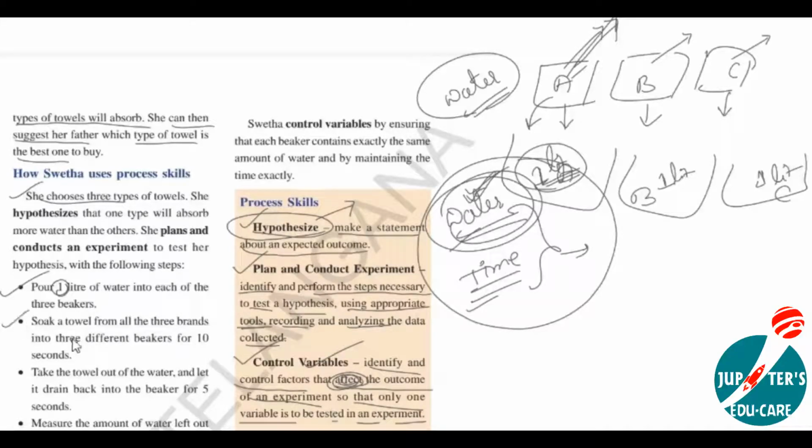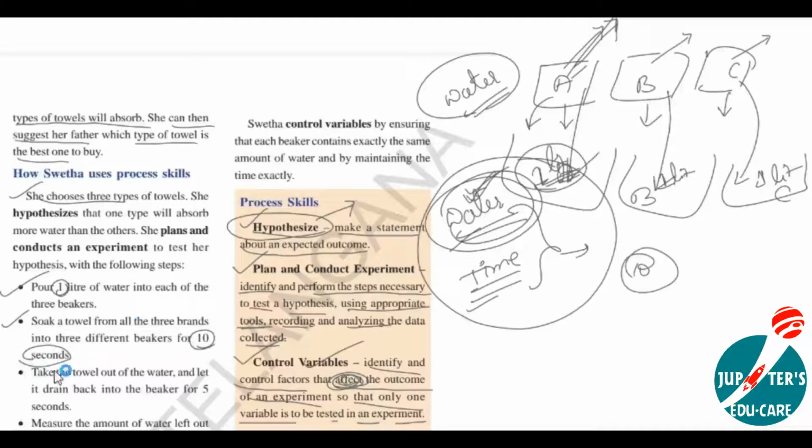Then the second step: soak a towel from each of the 3 brands into 3 different beakers for 10 seconds. Put the A brand towel into beaker A, the B brand towel into beaker B, and the C brand towel into beaker C. How much time?